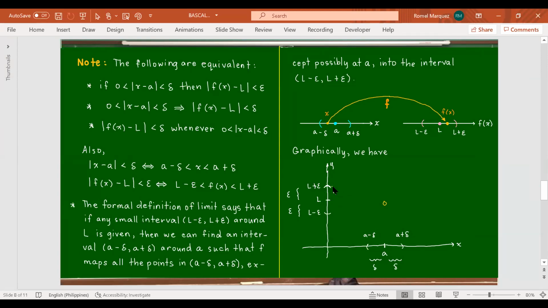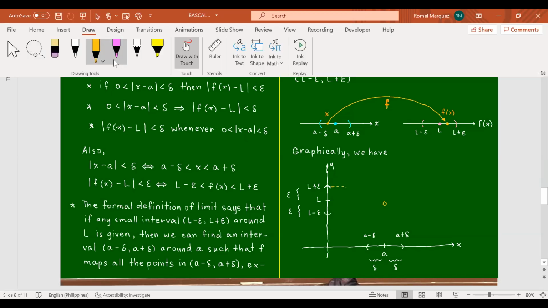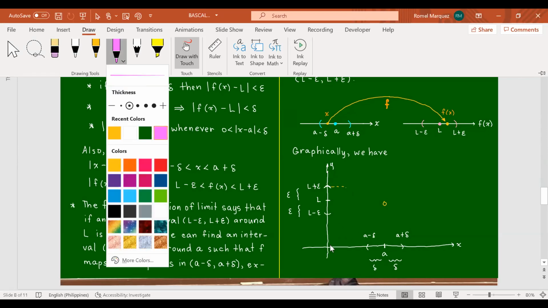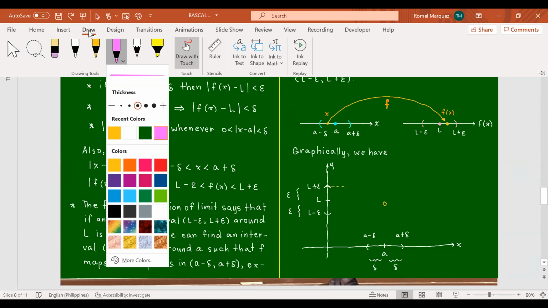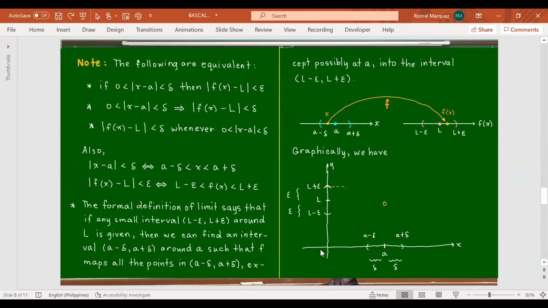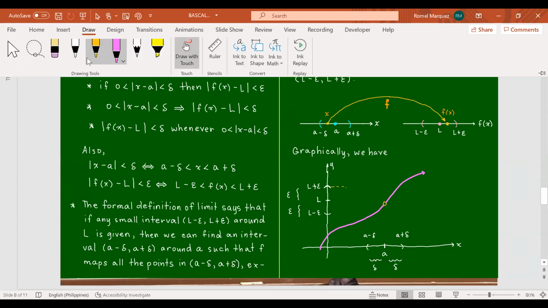So this is the graph of the function. Then I have this window.